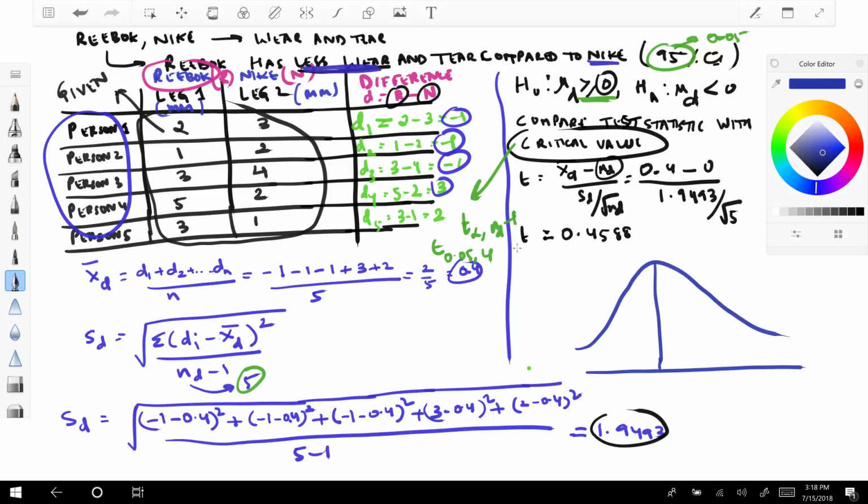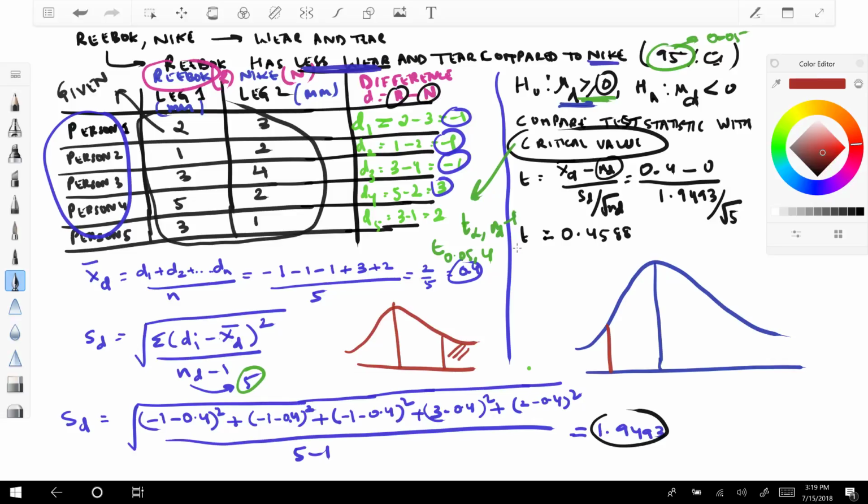So mu d, because we have mu d greater than or equal to 0, that means we will have a lower bound for mu d. So this is the lower bound, suppose. As you know, the T table always gives you the right side of the curve.